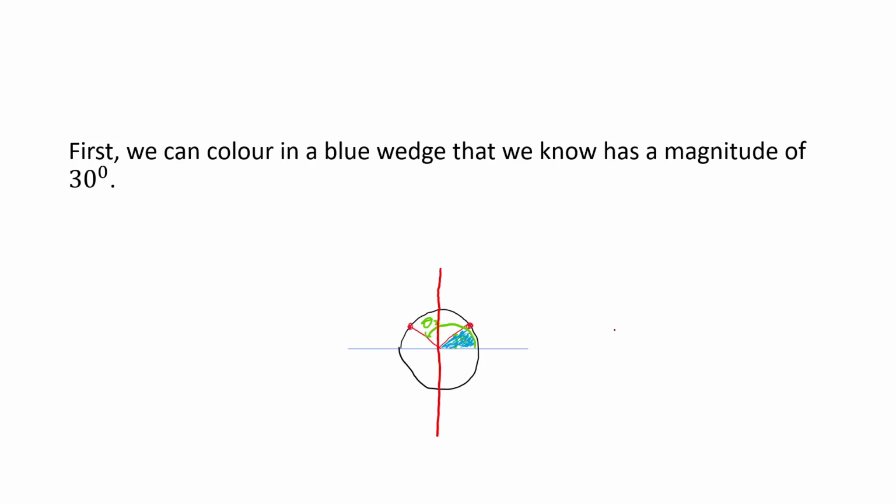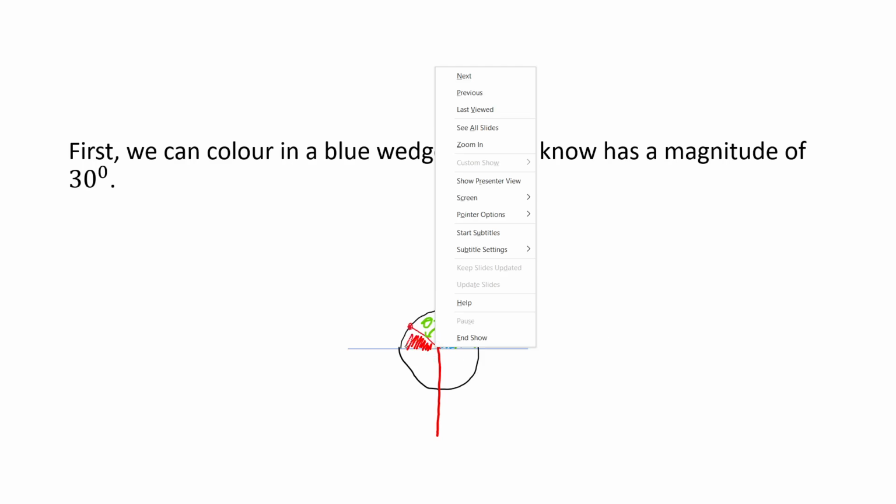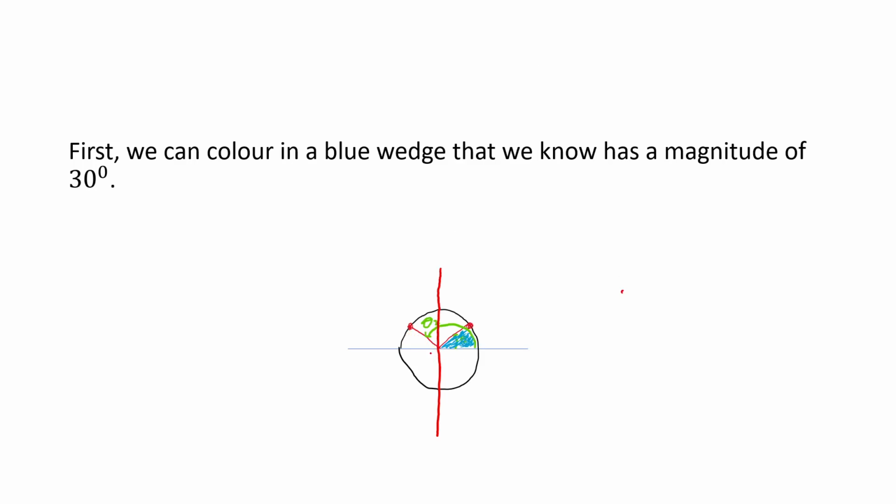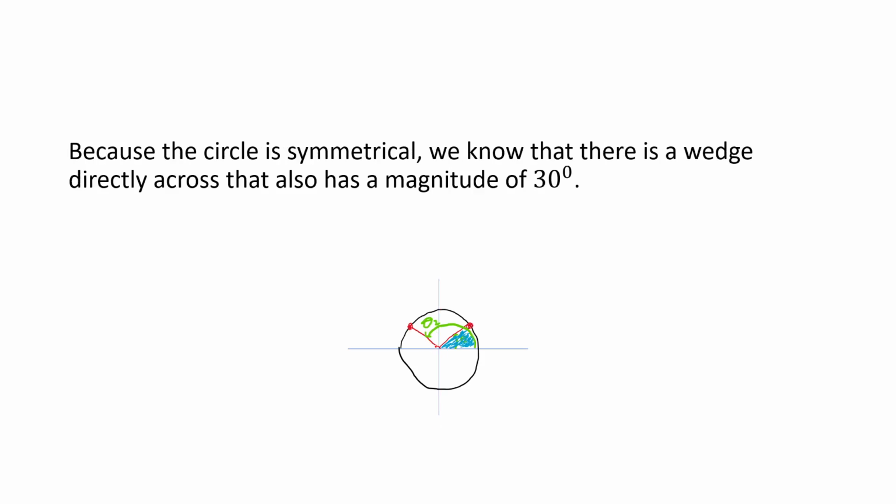Similarly, the x-axis is acting as a mirror as well. Since that y-axis is acting as a mirror, this reflection right there is the same size. That's also 30 degrees. And so I see that that second blue wedge is also 30 degrees.